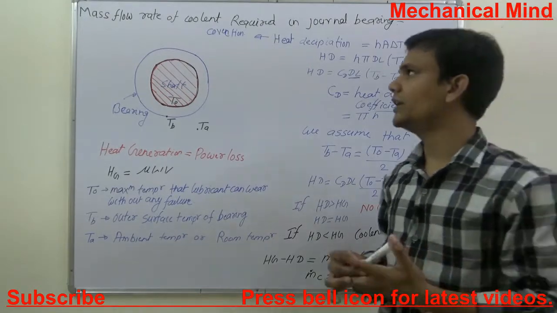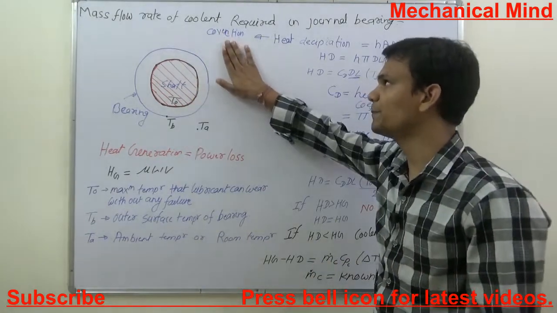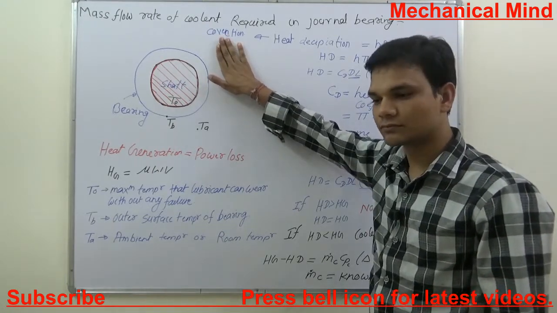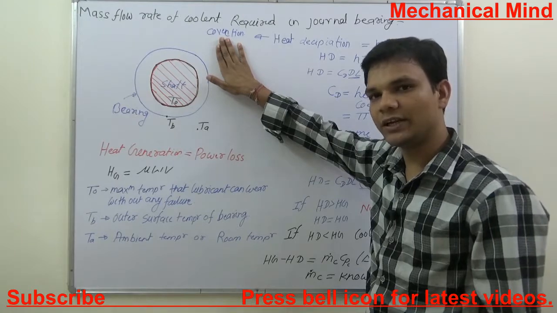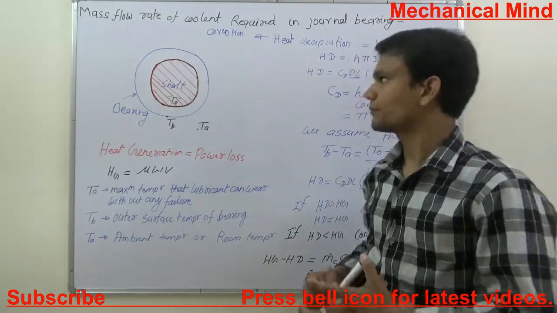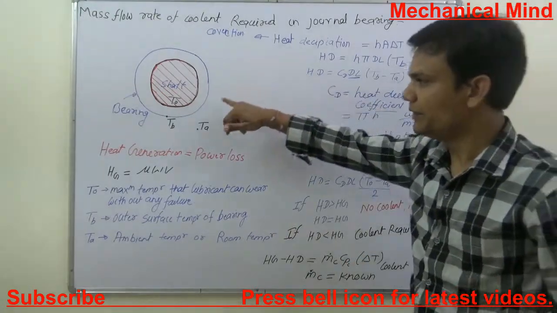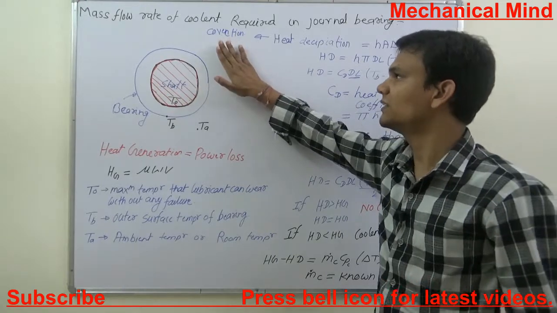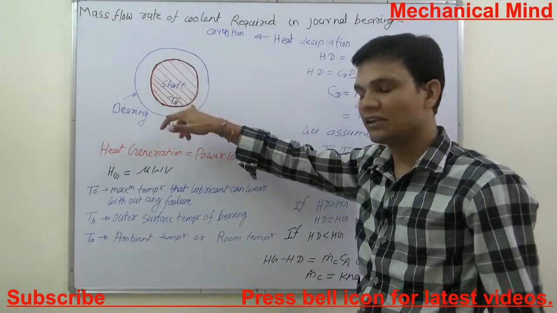In liquids, heat transfer takes place by convection, and in vacuum, heat transfer takes place by radiation. So here we use lubricant, and the lubricant is in liquid form.